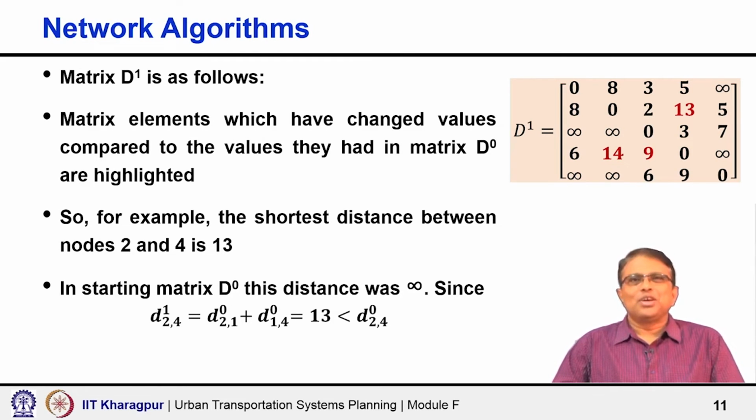These are the cells which were all infinity in D0. They are now changed, because I got a better solution than infinity. I have explored, but not everything we could explore. You can still see in this matrix there are many other cells which are still infinity, because to those cells there is neither a direct connection nor a connection through 1. For example, 4 to 5 is still infinity.